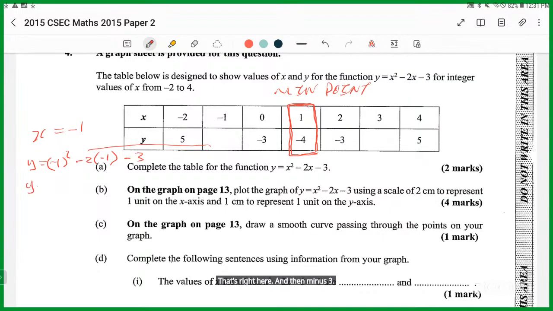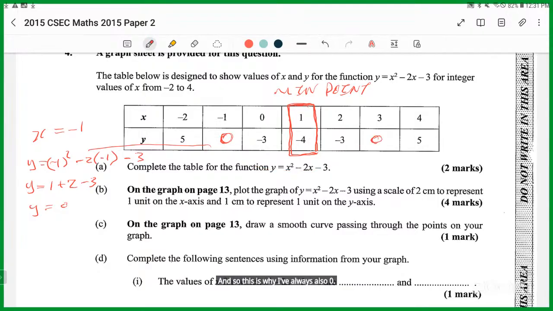This negative 1 squared is a 1. Then negative 2 times negative 1 is a plus 2. And then this negative 3 comes back. So this works out to be 0. This y value is 0 right here, and so this y value is also 0.